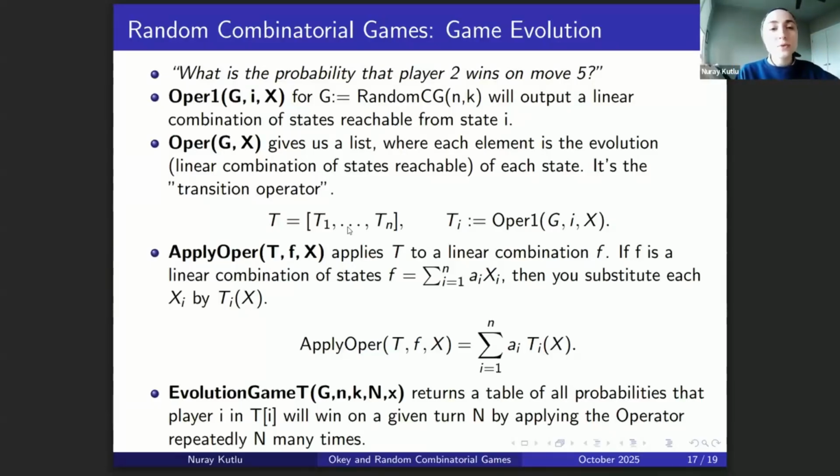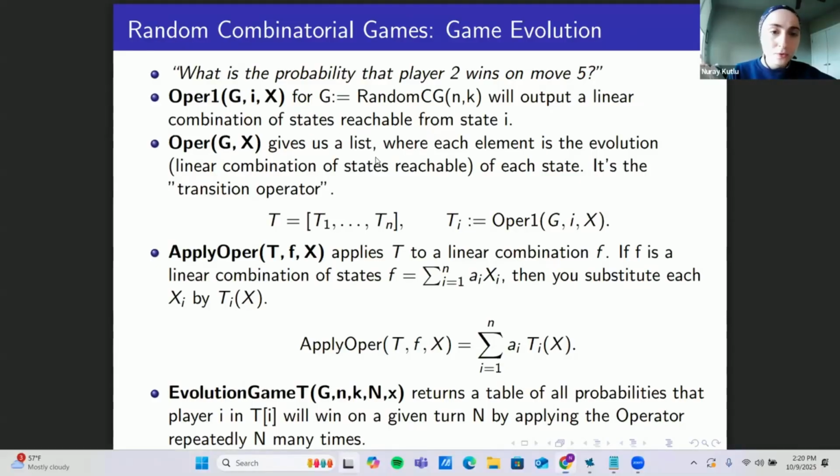Sometimes we want to be able to answer questions like, what's the probability that player 2 wins on move 5? For this, we can analyze the game evolution. So I have four functions for game evolution. Oper1 is just going to output a linear combination of states reachable from a specific state i.